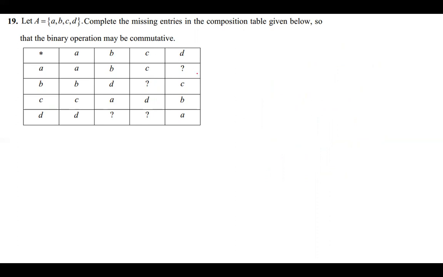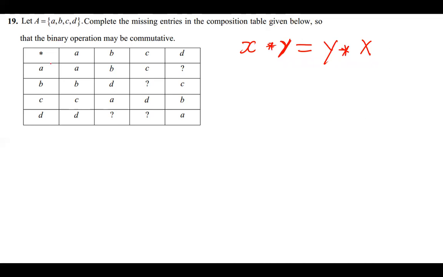Let me use X and Y for the sake of understanding. For any operation to be commutative, X star Y should equal Y star X. This condition should hold for any operation to be commutative.